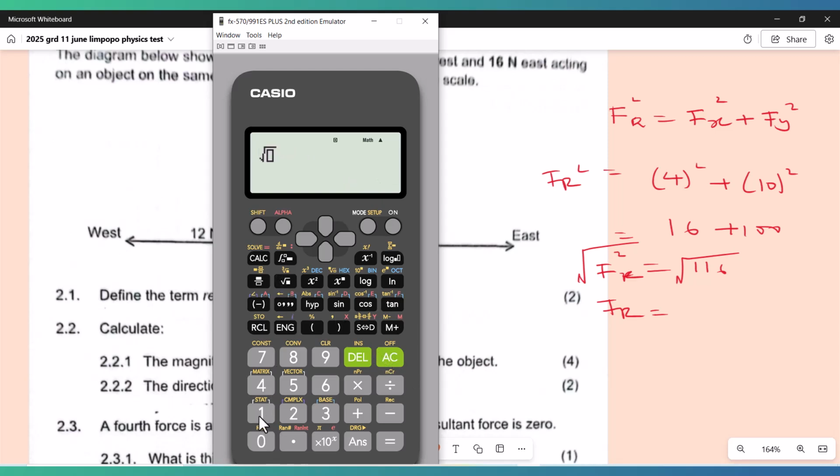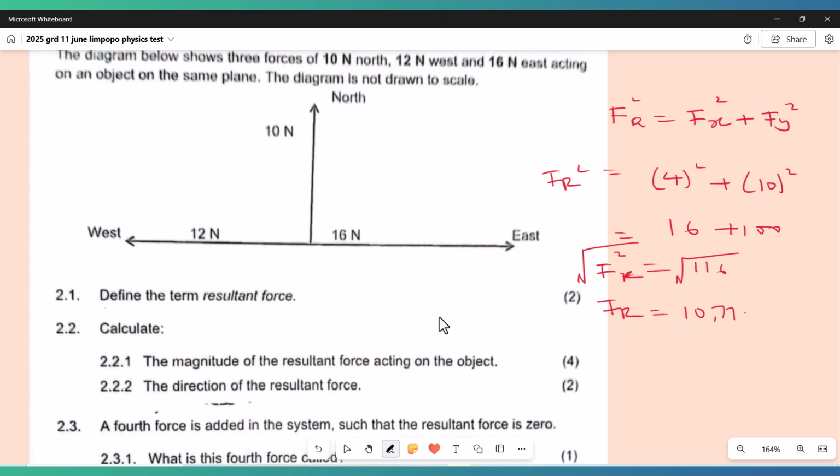Root of 116 gives us 2 root 29, which is the same as 10.77. Okay, so this is 10.77 newtons. That's our resultant force. Because they said the magnitude, they don't want direction for this case, so it is 10.77 newtons.